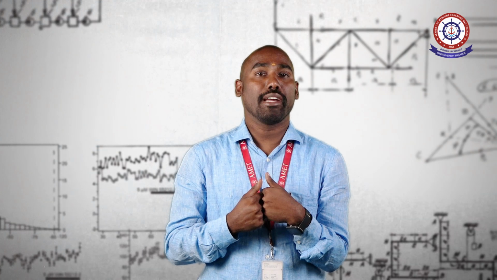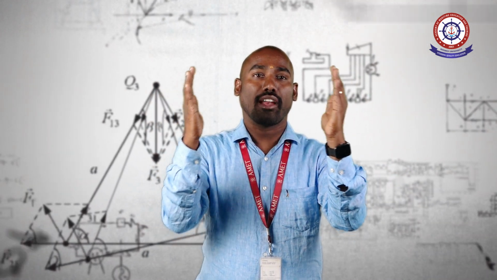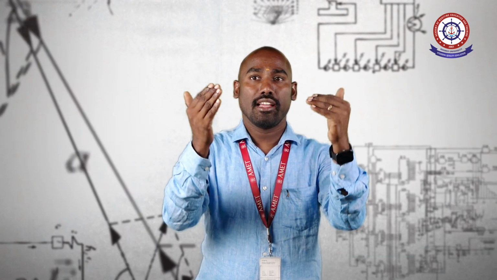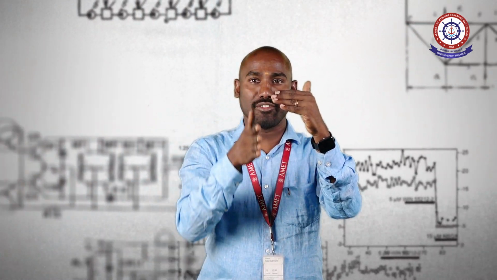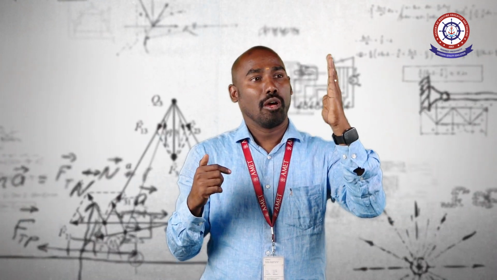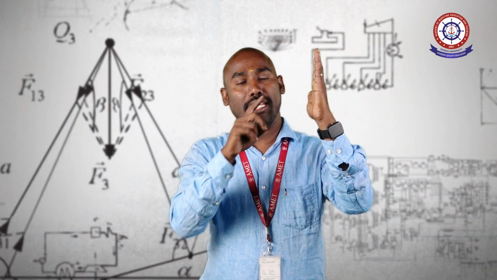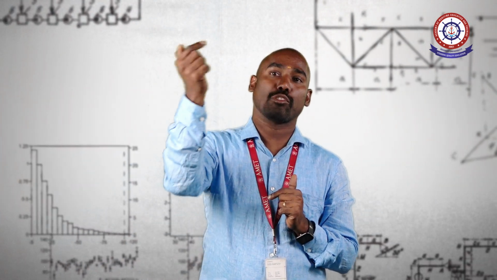When you connect it to forward bias, holes and electrons are able to cross over the junction. What is the junction? The region where the positive and negative type semiconductors meet, we call it the junction. When you connect it to forward bias, positive holes in the p-type semiconductor are able to cross over the junction and negative charges in the n-type semiconductor cross over the junction.